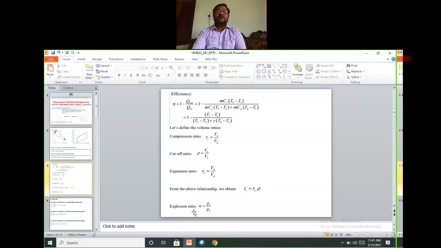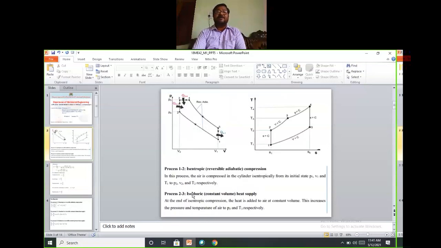One more ratio is there, the explosion ratio, which occurs in 2 to 3. 2 to 3 is a constant volume process, P3 by P2. Here we have explosion ratio, cutoff ratio, compression ratio, expansion ratio. Once again, I will tell you where the ratios come into the picture. 1 to 2 is a compression process, V1 by V2, V1 is higher.